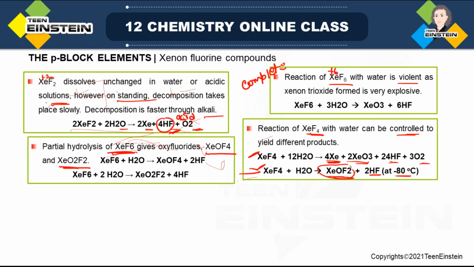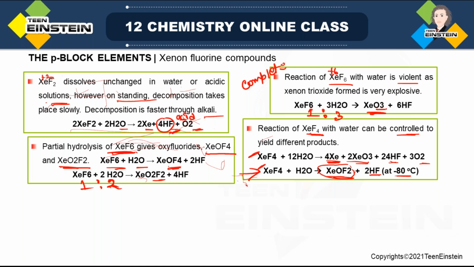Here also we have seen partial hydrolysis with product XeOF2, but now the product is XeOF4 when it is XeF6 and one water molecule. But if it is a 1:2 ratio of moles, it is a different product: XeO2F2. And when it is 1:3, the product is XeO3, that is an oxide.